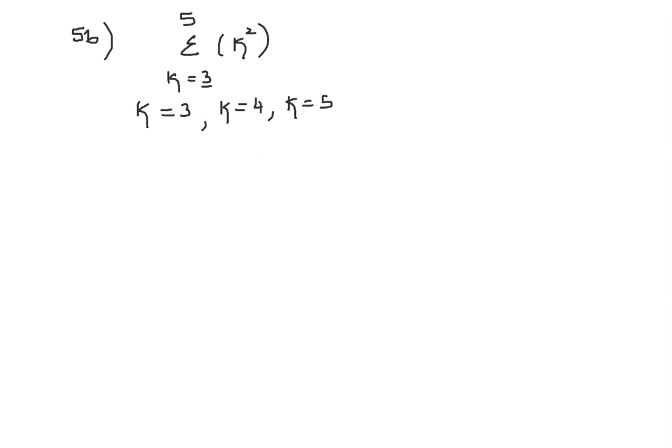And the last problem for the review is the sum from 3 to 5 of k squared. So here we're going to start from 3 because the bottom number is 3. We have to start only from 3 and add.